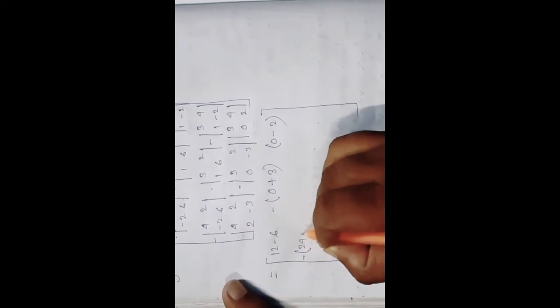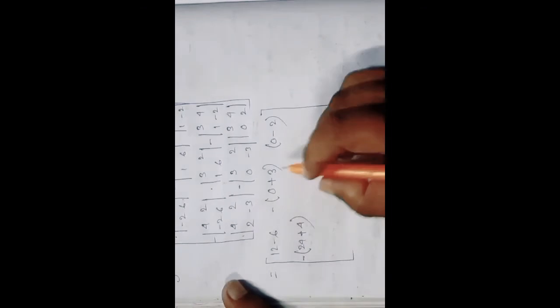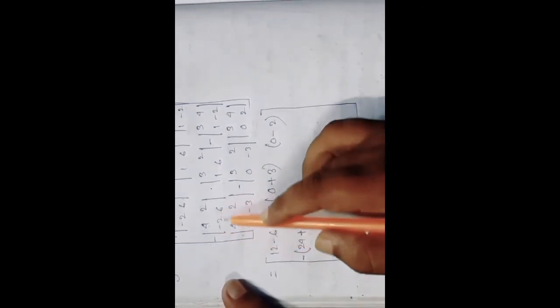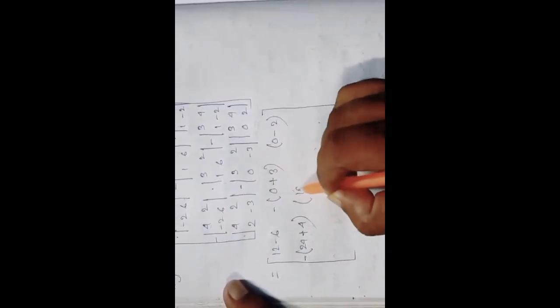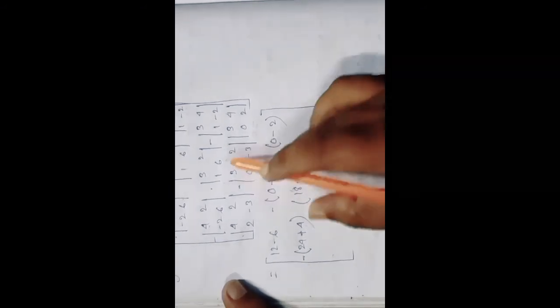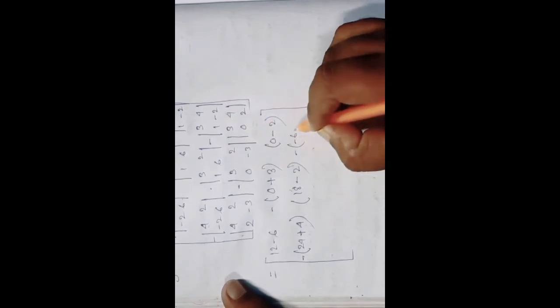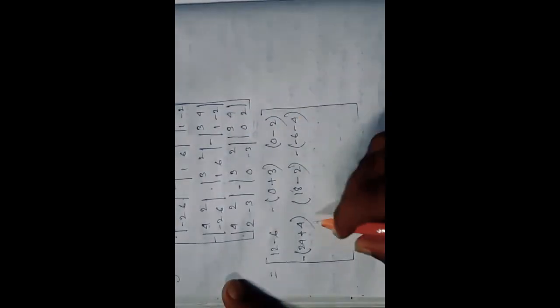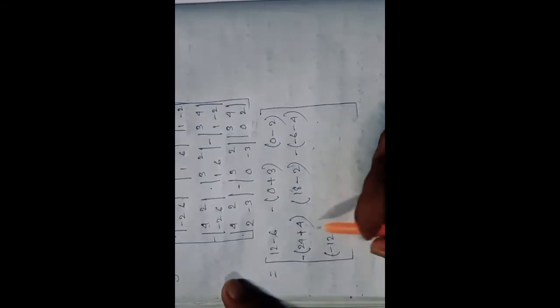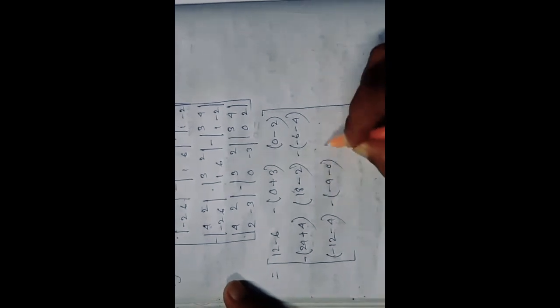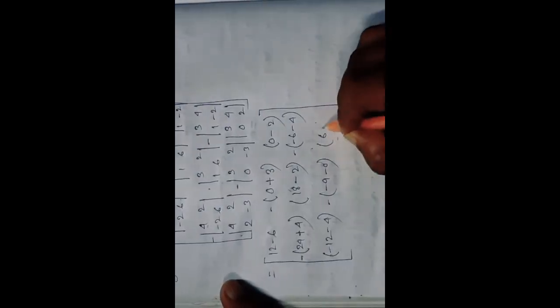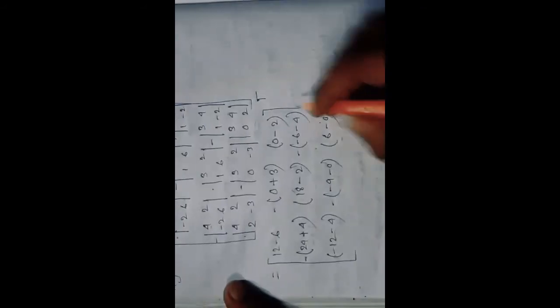Then 24 plus 4. Next, 18 minus 2. Next, minus 6 minus 4. Next, minus 12 minus 4, minus of this is minus 9 minus 0. Next, this is 6 minus 0, and we take its transpose.